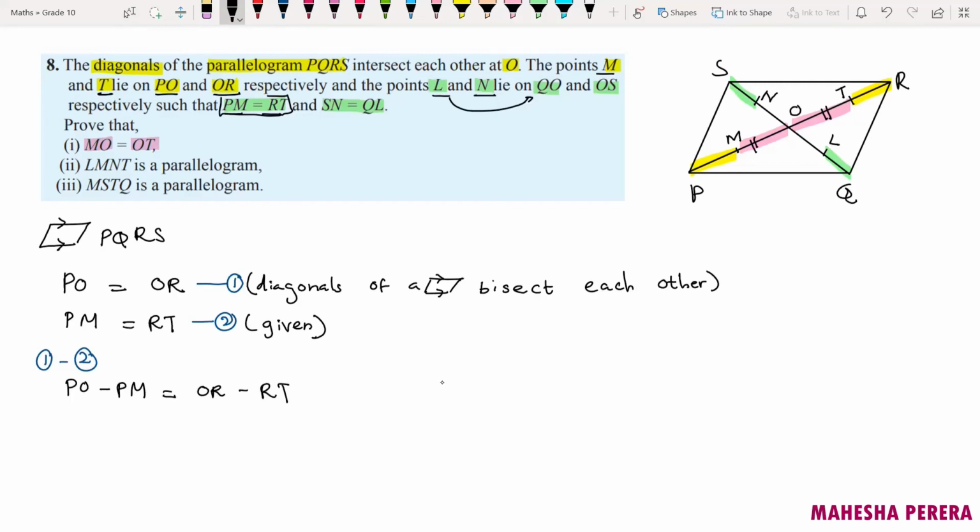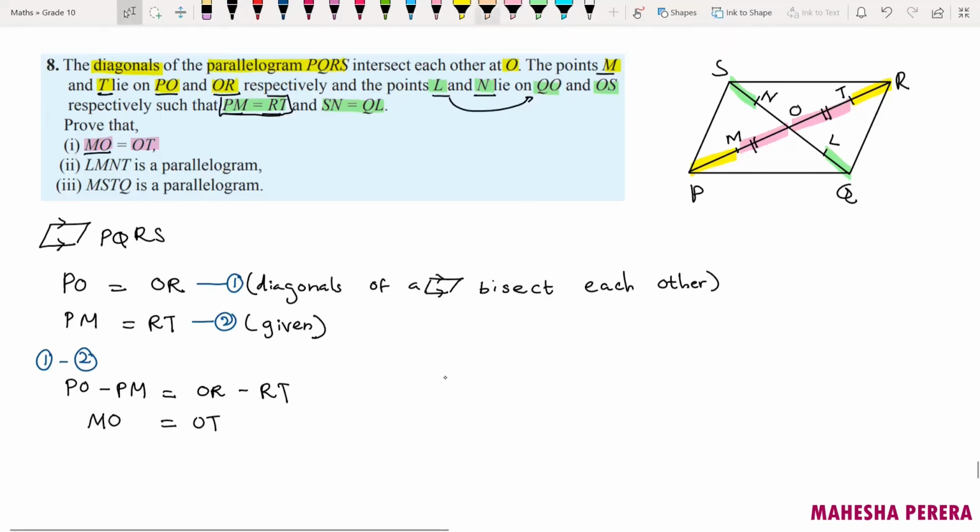The remaining is OM, or you can say MO. So let's write MO equals, the remaining is OT. So we have proved that MO equals OT.